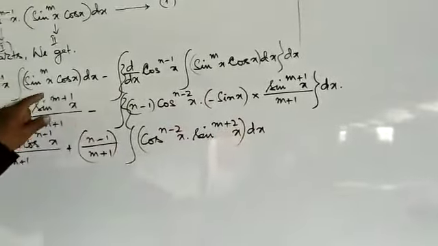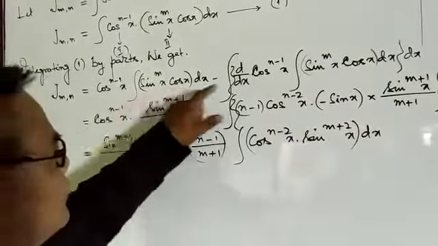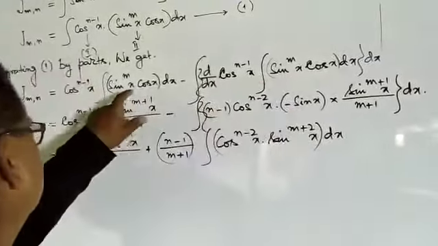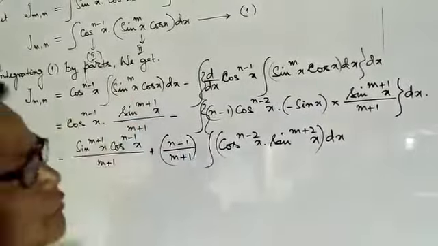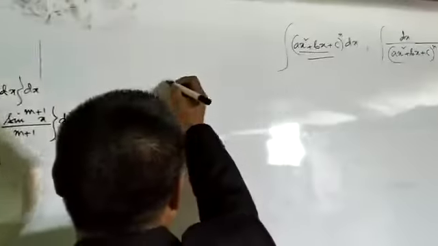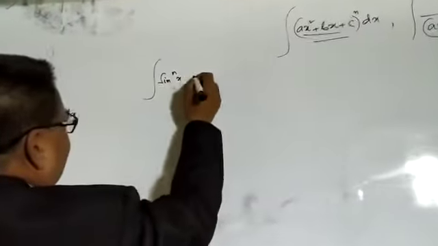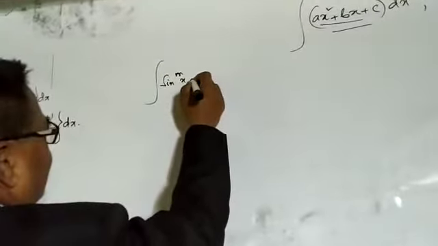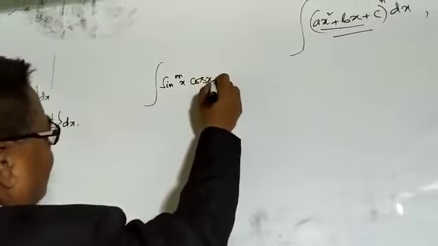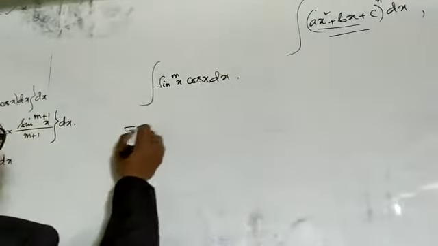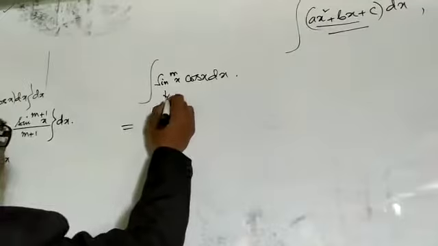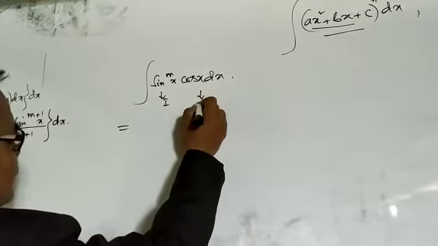You may be confused here about the integration of this and this. This integration and this integration are the same. So let's do it here. Say the integration, as you know, this is taken as the first function and this is taken as the second function.